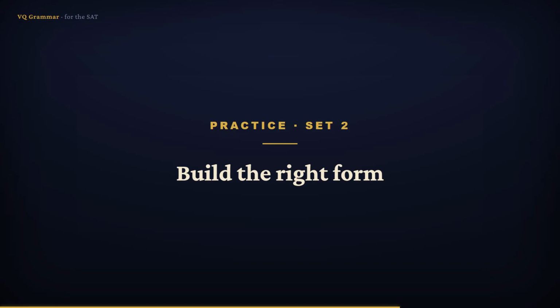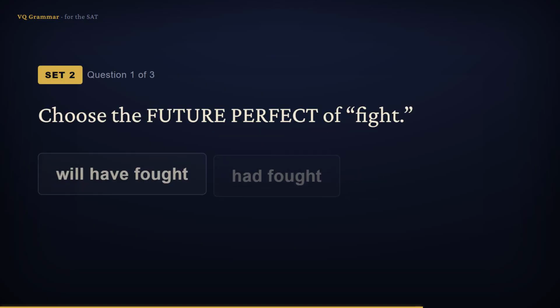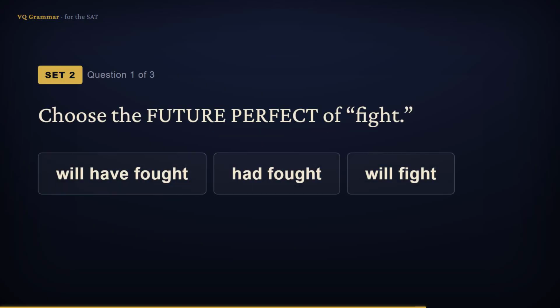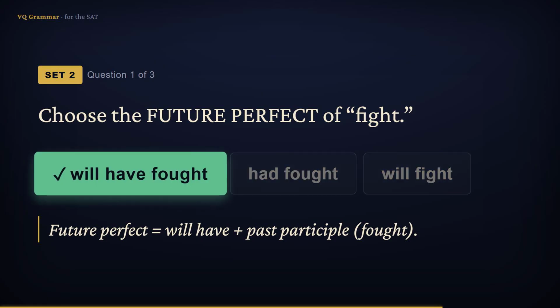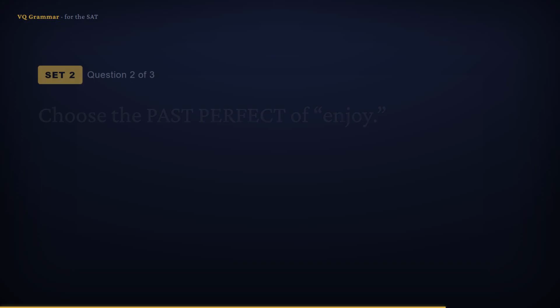Now build the right form. Use the recipe. Simple tenses take the verb alone. Perfect tenses take a form of have plus the past participle. Pause and try each. Which is the future perfect of fight? Future perfect is will have plus the past participle, and the past participle of fight is fought. So, will have fought.